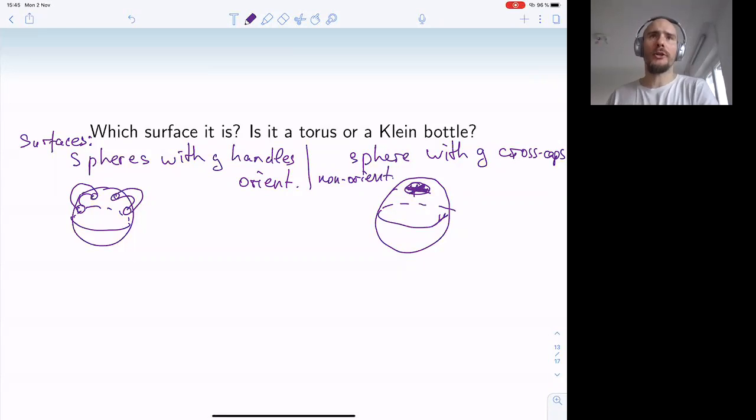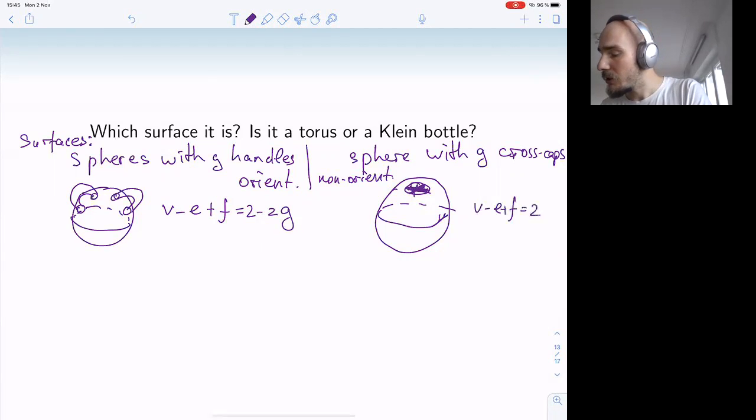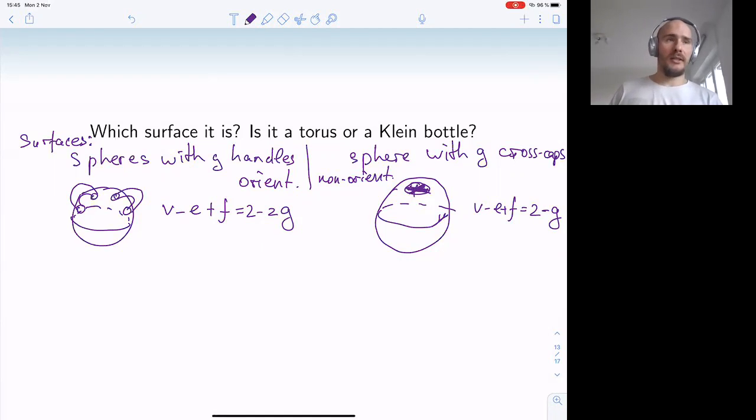So we have the Euler characteristic. Here we have the number of vertices minus the number of edges plus the number of faces is 2 minus 2g. And here we have v minus e plus f is 2 minus g. So the first thing to do in our case is check that it is a manifold, meaning that every vertex of the triangulation, if you look at all the simplices containing it, they form a disk.